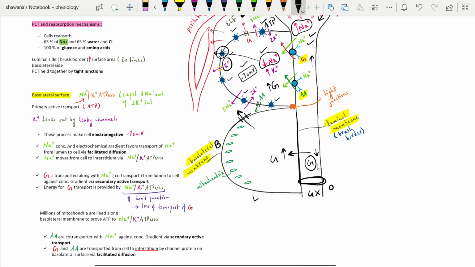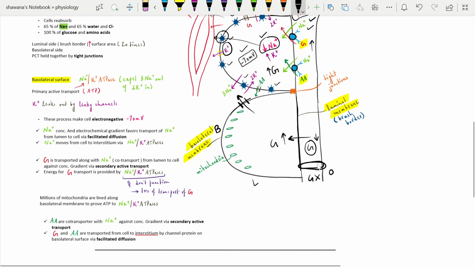So they will require a special type of protein here also. It's a diffusion, but glucose and amino acids cannot move through the plasma membranes. They are not lipid soluble. They will require a protein channel, and this is known as diffusion. But as it involves a carrier protein or channel protein, it is called facilitated diffusion.